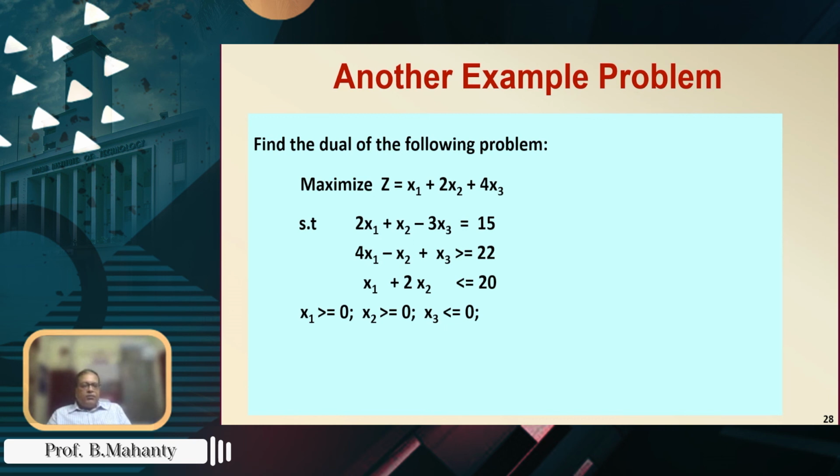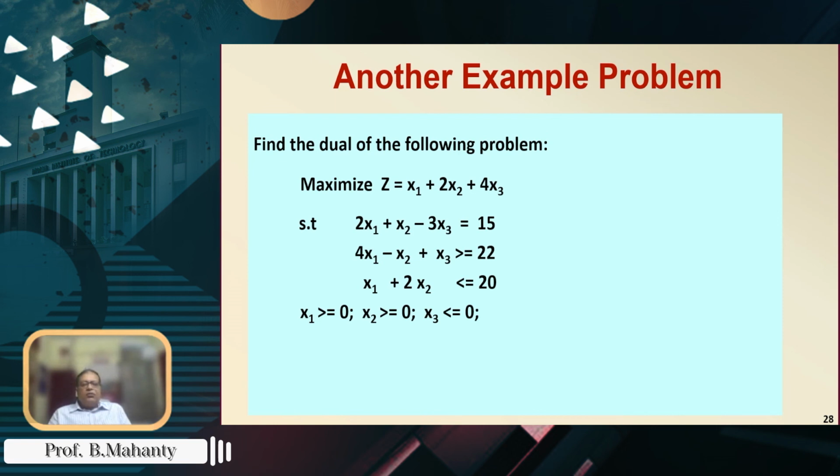So since the dual is minimization, each constraint should also be in minimization standard form. What is the constraint type of minimization standard form? Greater than or equal to. That means all constraints in the dual should be of greater than or equal to type, right? Now, because the primal constraint types are different, in the dual the variable types will be different.